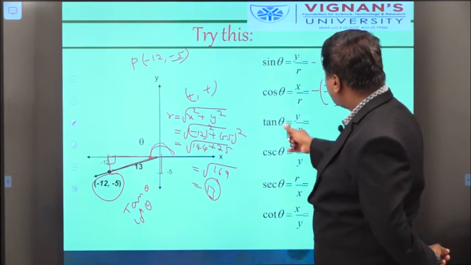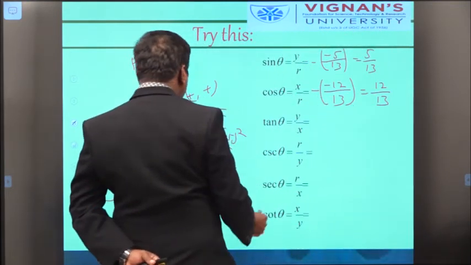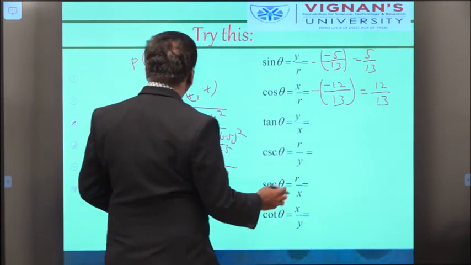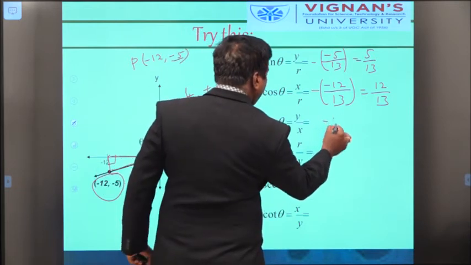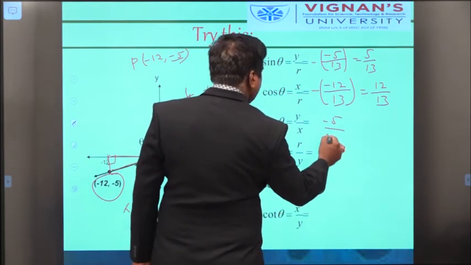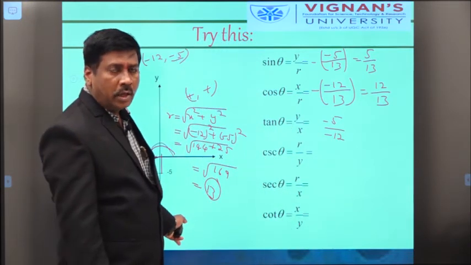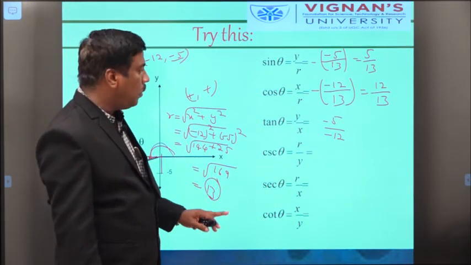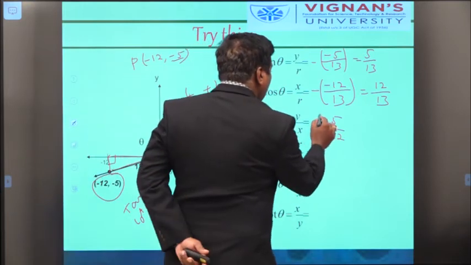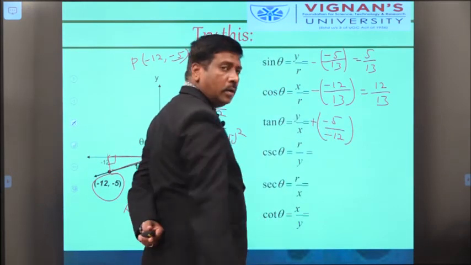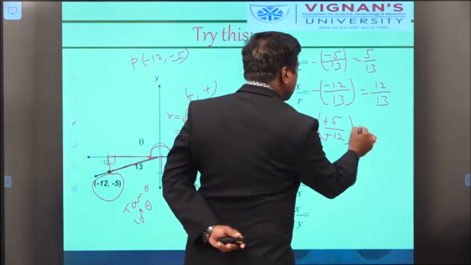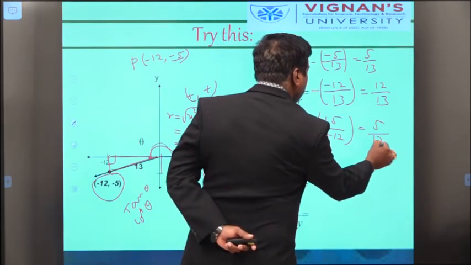Now tan theta equals y by x, which is minus 5 by minus 12. In the third octant tan and cot are positive, so we consider the plus sign. Minus minus cancels, giving 5 by 12.